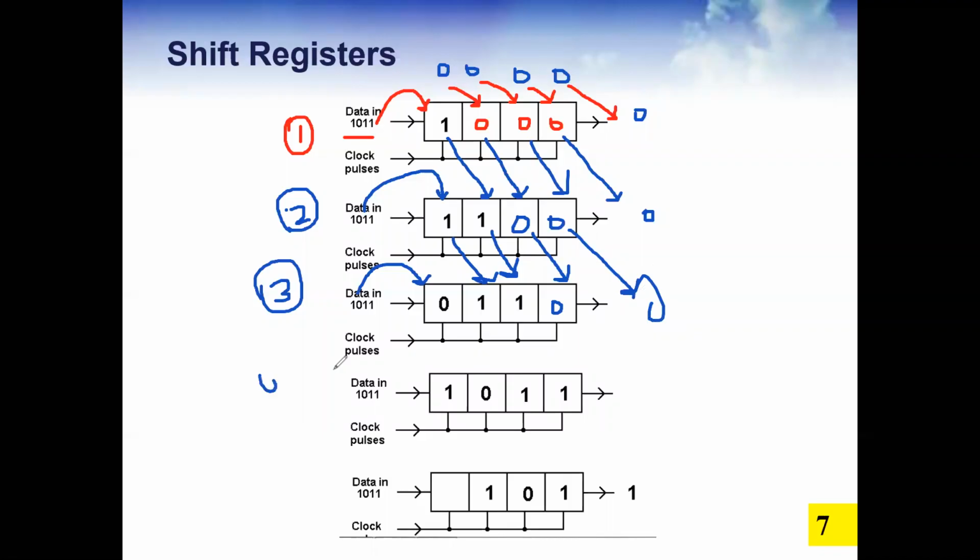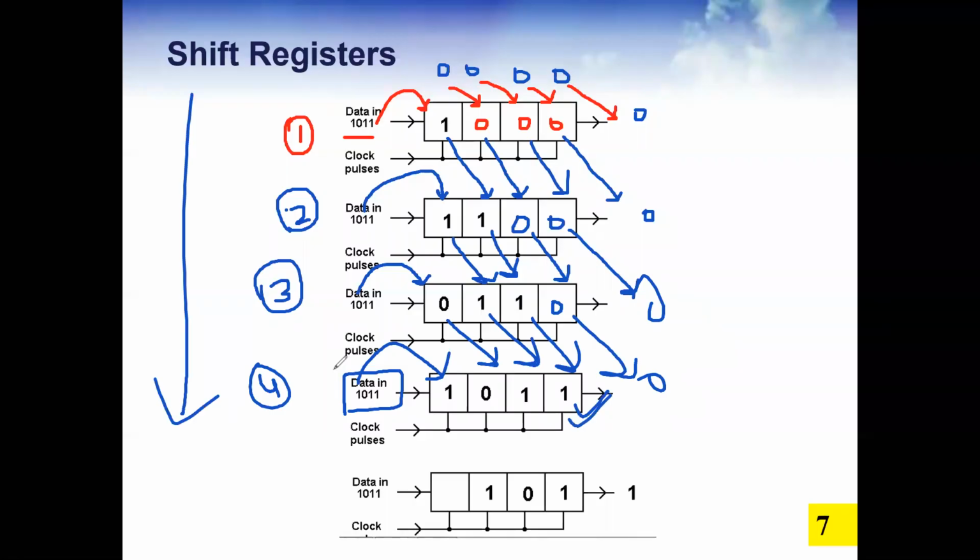This is the fourth clock. You can see this will move here, this will move here, this will move here, and the last bit will enter here. So you can see this is the exact data, which is 1011. It is now stored here, girls. It took 4 clock cycles to store that data, 1011.